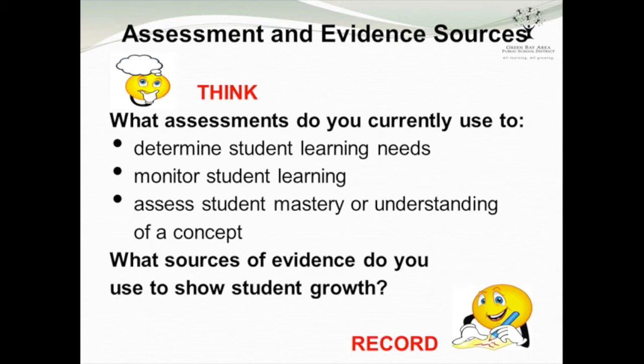Now think about the assessments you are currently using for determining student learning needs, for monitoring student learning, and for assessing mastery of learning. Also, think about what sources of evidence you currently use to show student growth. Take a minute and record what you currently use under the Assessment and Evidence Sources component on your white Student Learning Objective template.